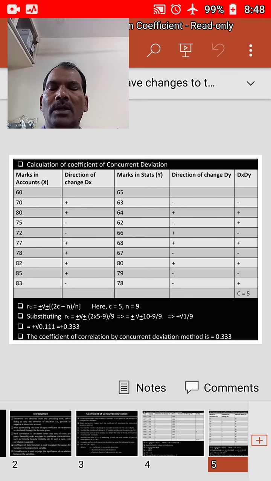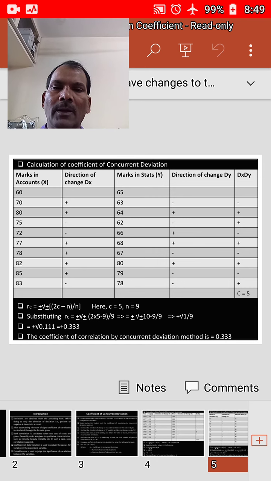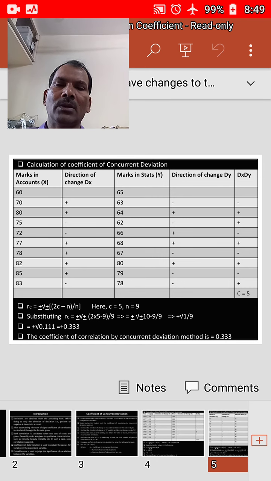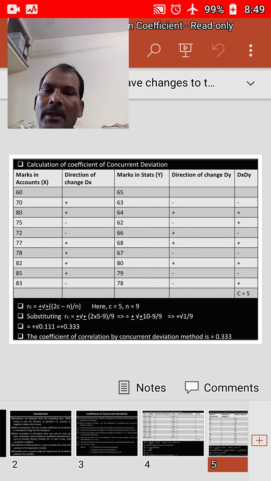Here C is equal to 5 and n is equal to 9, because there are 10 pairs of observations and 10 minus 1 is 9. Substituting these values, rc is equal to plus or minus under root plus or minus (2 into 5 minus 9) by 9. That is 10 minus 9 by 9, which is under root 1 by 9.